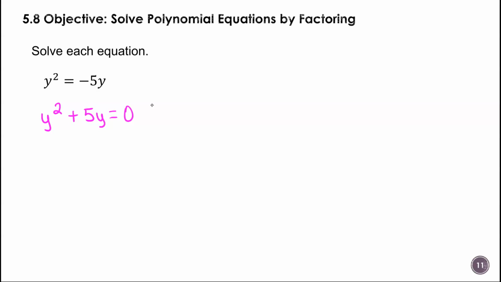And so you should always take the common factor out first anyway. So the common factor is y, and then we're left with y plus 5. At this point, you would look at whatever's left in your parentheses, in this case y plus 5, and see if you can factor that any further. We can't, and so we're simply going to take each factor and set it equal to 0.